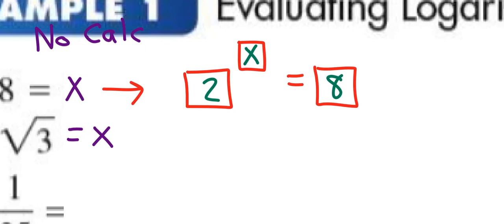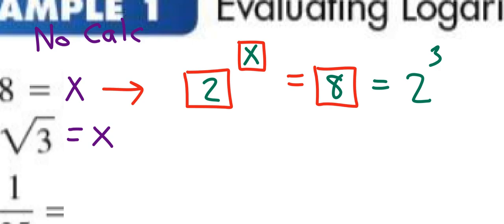Now, it is your job, and every single one of these questions is going to require you to do algebra. Use your algebra skills to rewrite things as common powers. The common power here is going to be 2. So what would you rewrite 8? 8 is 2 to the what power? 3rd.